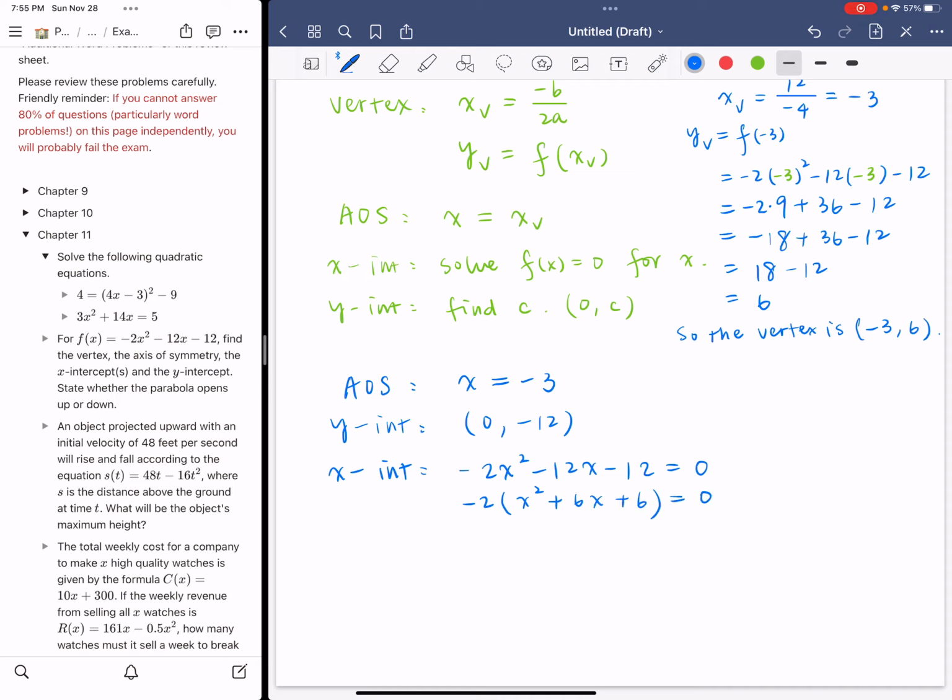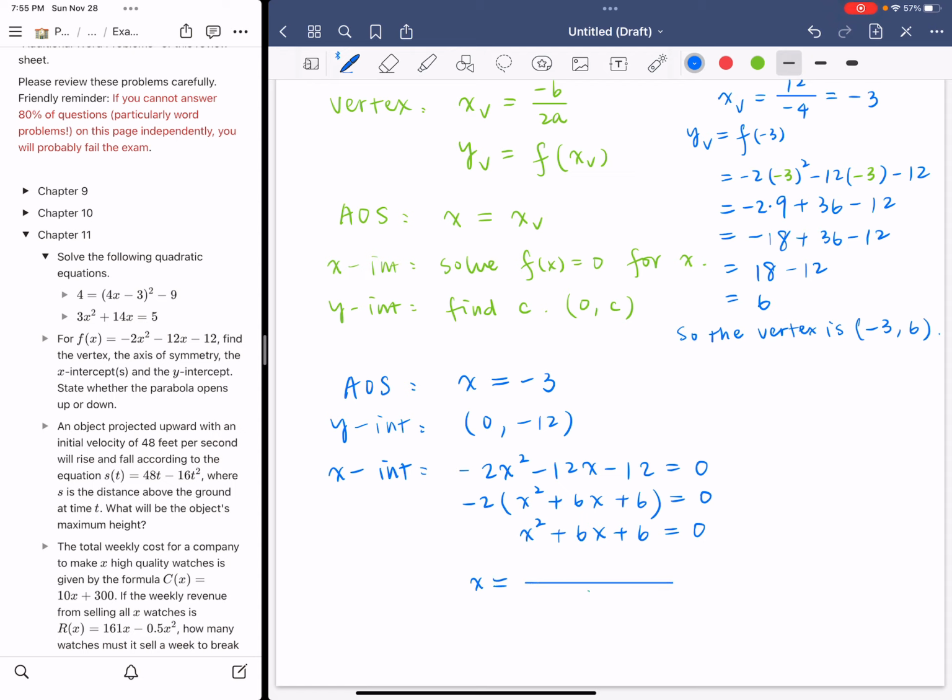And then I'm going to apply the quadratic formula to solve. So this one, unfortunately, you cannot solve by factoring. You can solve it by completing the square or the quadratic formula. So essentially, we're looking at this equation, x squared plus 6x plus 6 equals 0. So let's apply the quadratic formula.